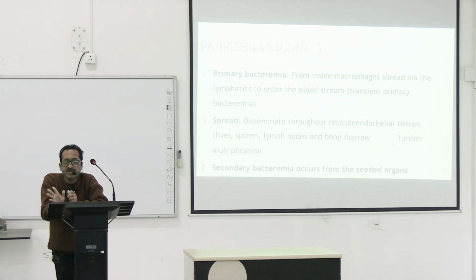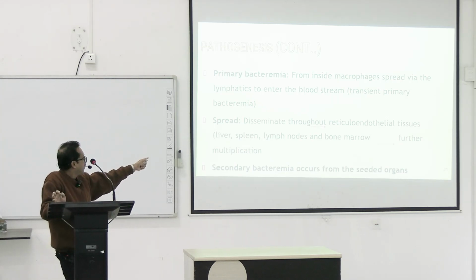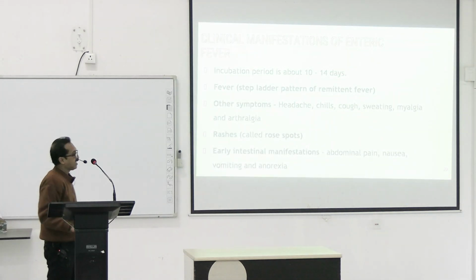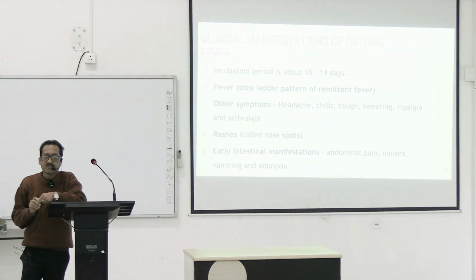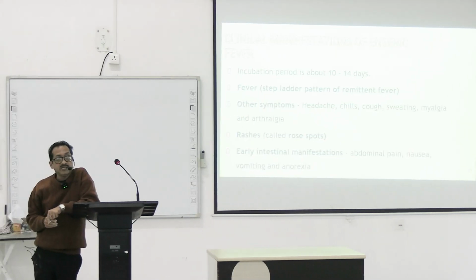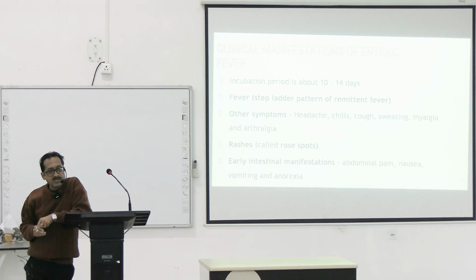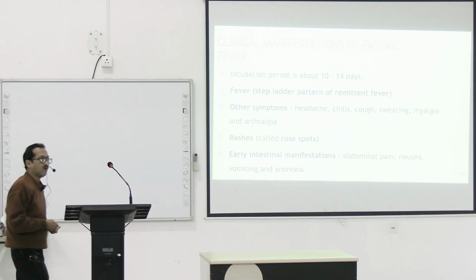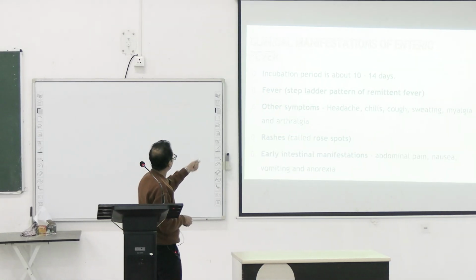After primary bacteremia, it again spreads to all organs of the reticuloendothelial system, mainly liver, spleen, lymph nodes and bone marrow, and further multiplication occurs. After that, secondary bacteremia occurs. After secondary bacteremia, there may be mostly intestinal symptoms, and even neurological symptoms. I will come to the neurological complications later. So after secondary bacteremia, all the complications and intestinal symptoms occur.